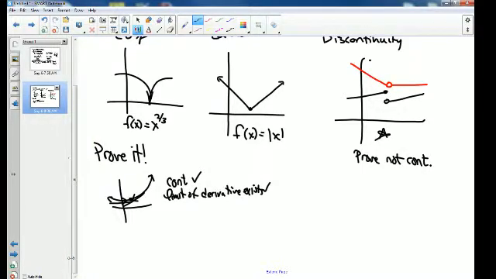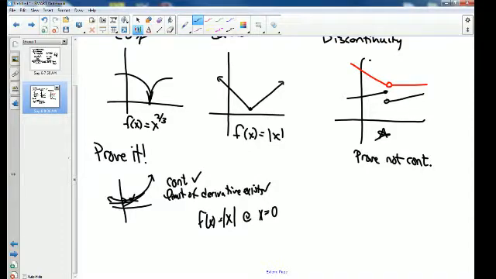Okay, so let's look at f of x equals the absolute value of x at x equals 0. We know it's not differentiable because there's a corner, right? Prove it, or disprove it.